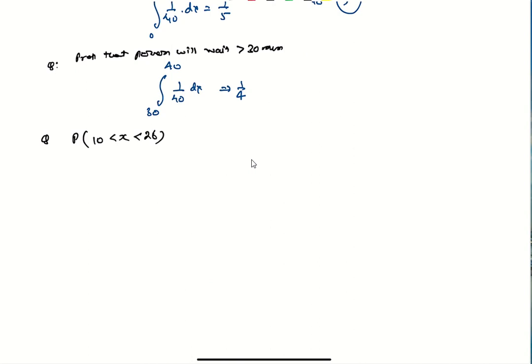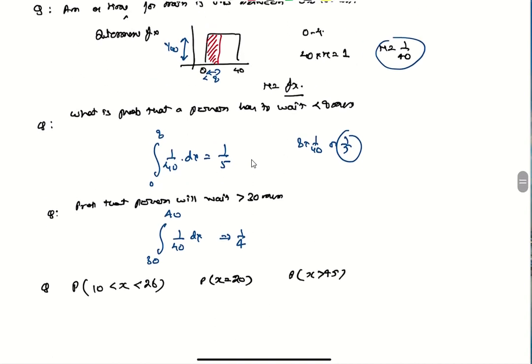We also want to calculate the probability that x is exactly equal to 20 and the probability that x is more than 45. Now we can see from this graph that x of more than 45 is going to be 0.